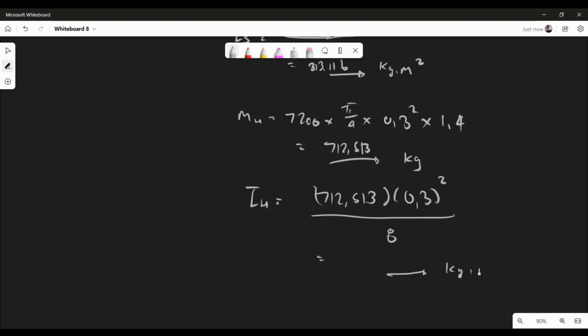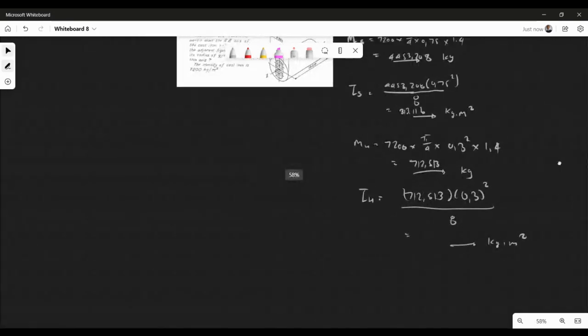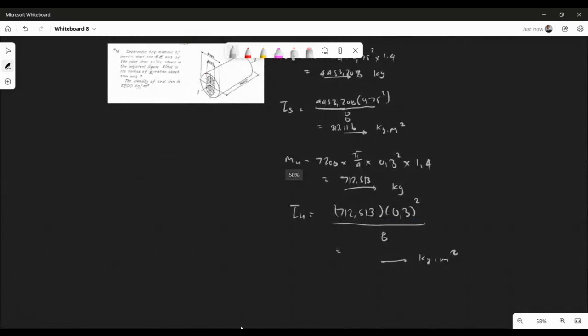Kilogram meter squared. 10.0186. What's it? 8.16.